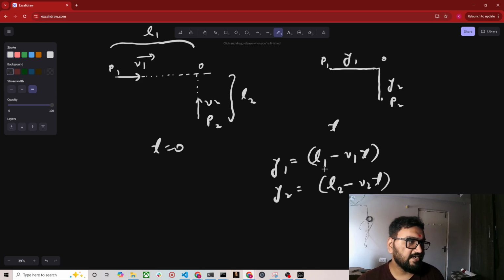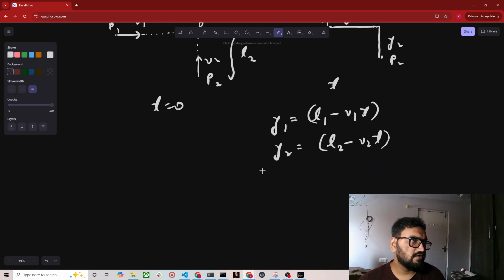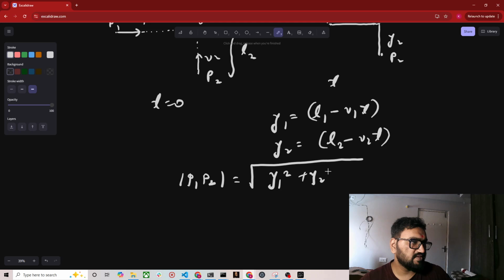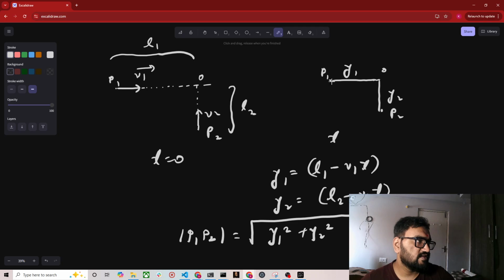Now at any time t, the distance between P1 and P2 will be equal to square root of y1 square plus y2 square, basic Pythagoras theorem. Okay, so this is essentially the distance between P1 and P2 at any time t.